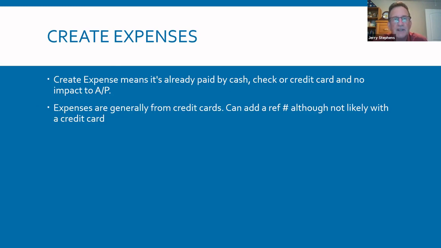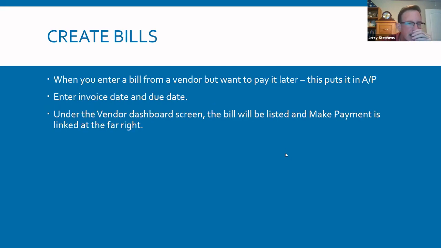It's not something you need to pay in the future, you've already paid it. That's what QuickBooks refers to as expenses. Again, these generally come from credit cards. They're usually uploaded through a bank feed, from the credit card company. And so that's what you'll see for expenses on the QuickBooks side.